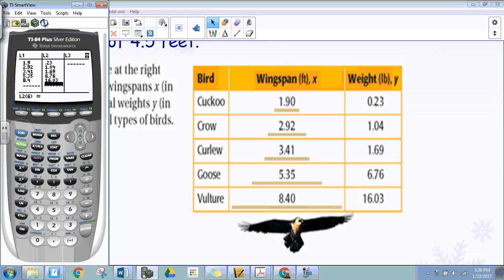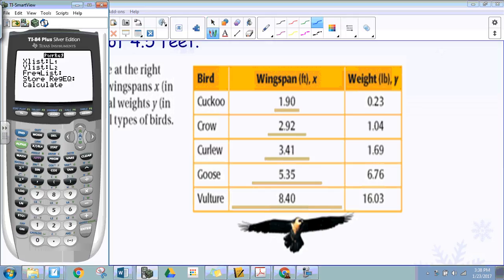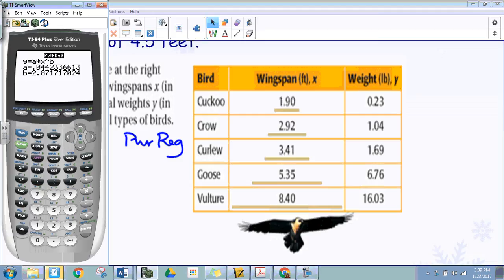Then you're going to hit second quit and go to stat calc again. This time you're looking for power regression, and that's the letter A, so power regression. That's what you're looking for. Then same thing as always, enter, enter, enter, calculate that.